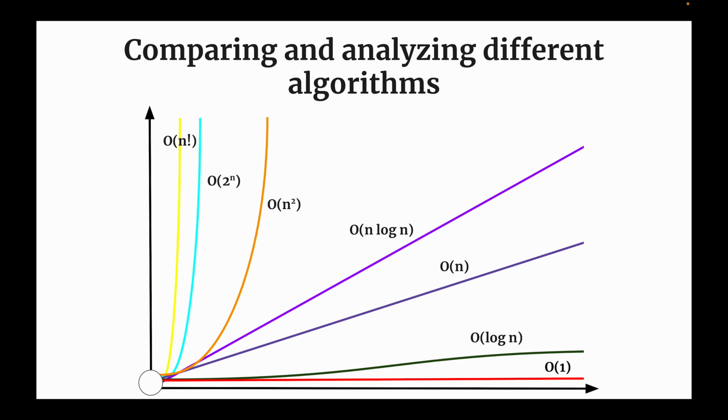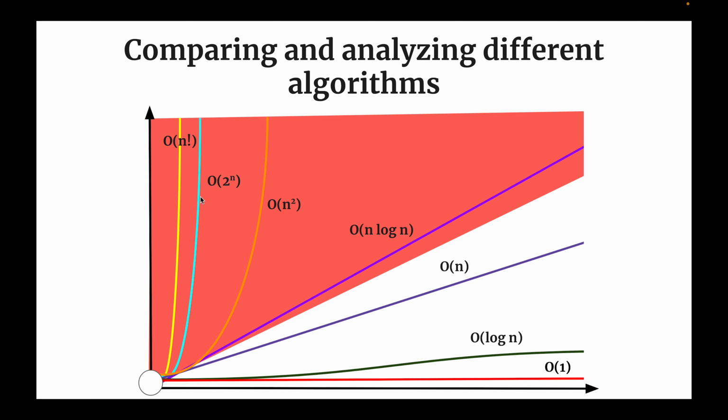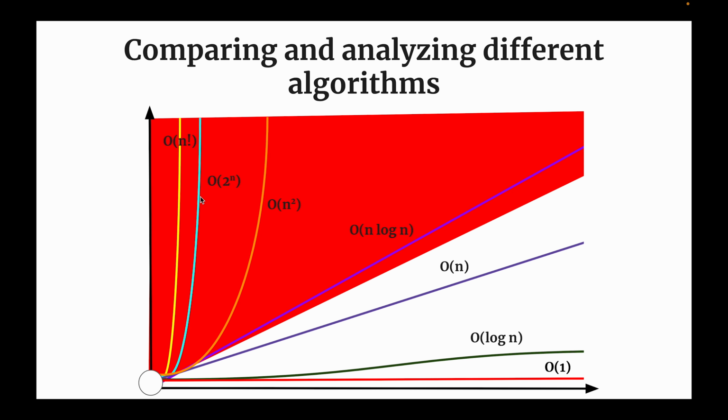Algorithms with high time complexity, such as big O of n log n, big O of n squared, big O of n to the power of n, or big O of n factorial, are not considered efficient. Their runtimes grow significantly with the input size, making them less suitable for large-scale problems. These algorithms may become impractical to run efficiently as the input size increases.